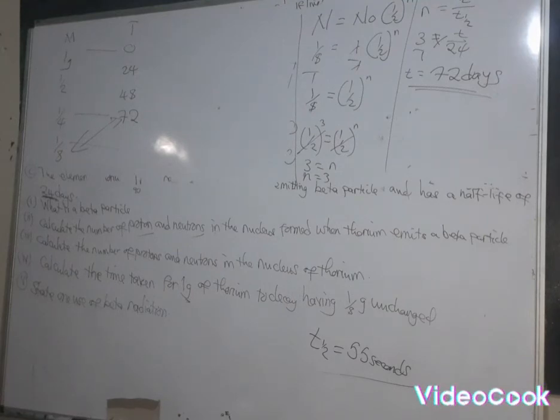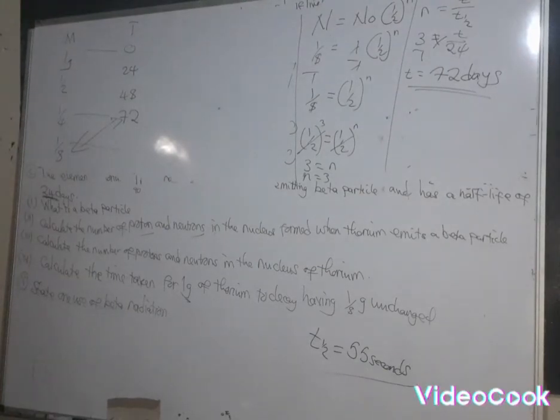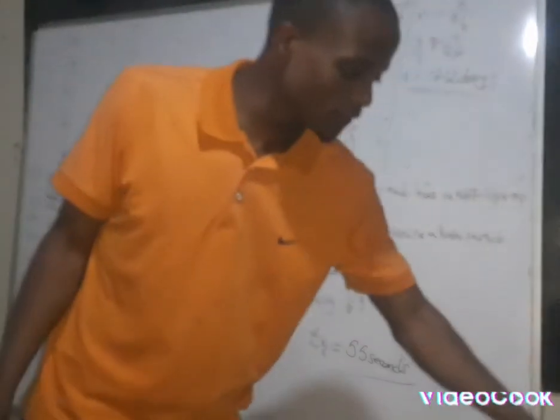State one use of beta radiation. Beta radiation is used in measuring the thickness of materials. You get that, right? Have you ever wondered how they are able to make the same thickness of this paper?